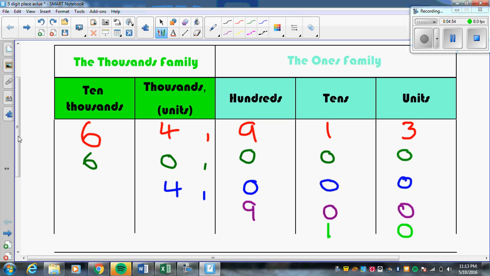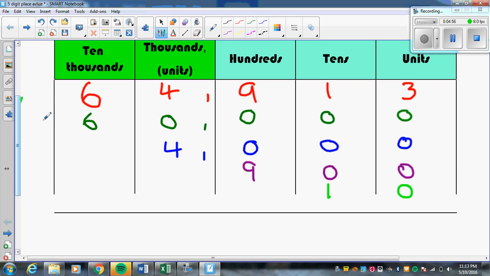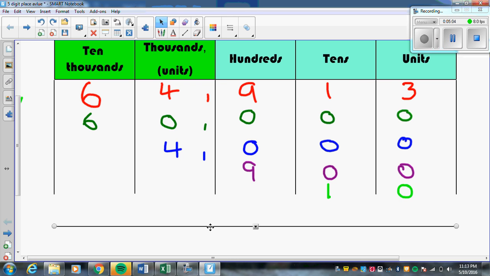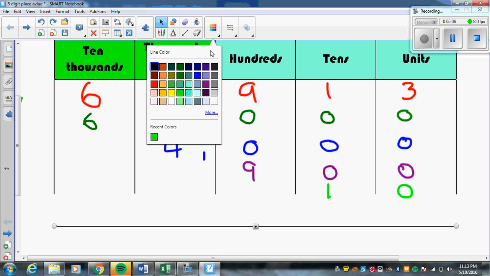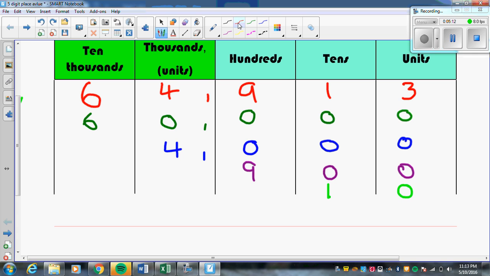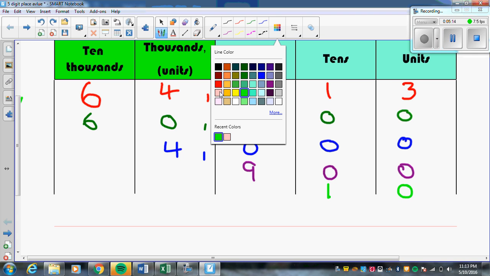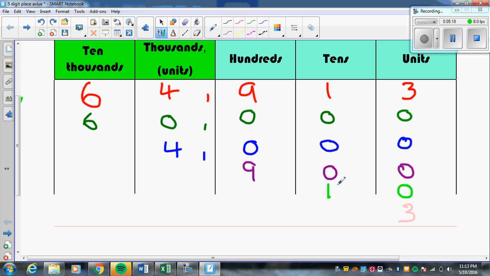And then, lucky last, we have the ones column. What color will we give that one? We'll give it a pink. Okay. And all that is, there's a 3 in that column, and that's all we're looking at.